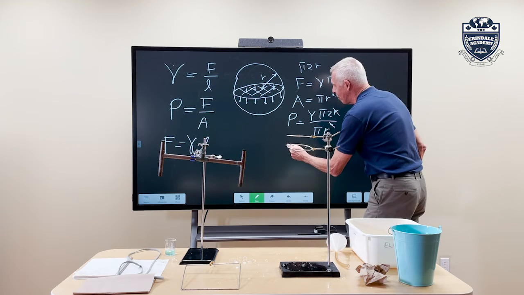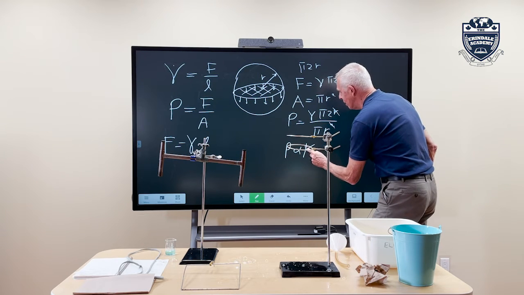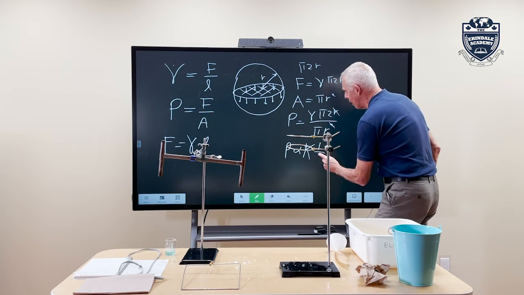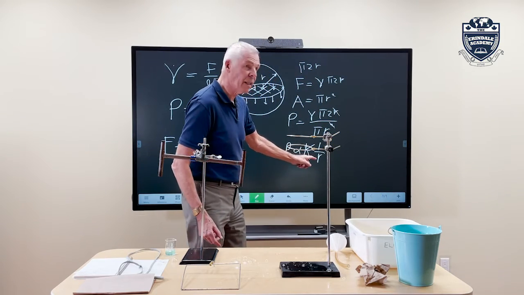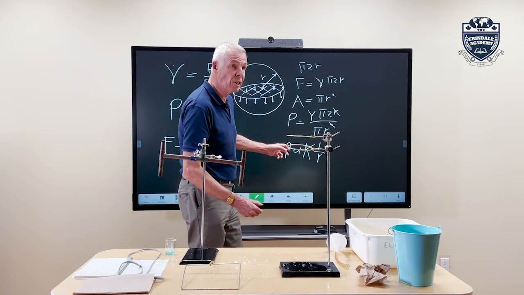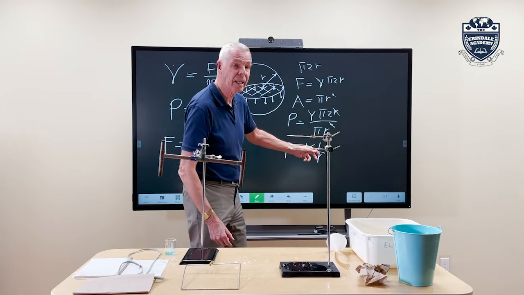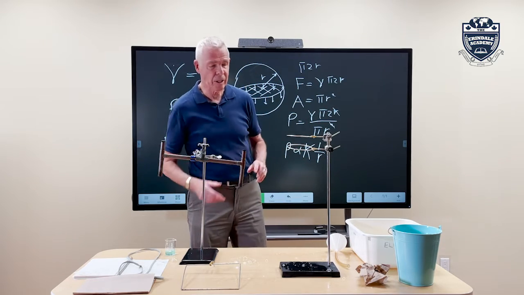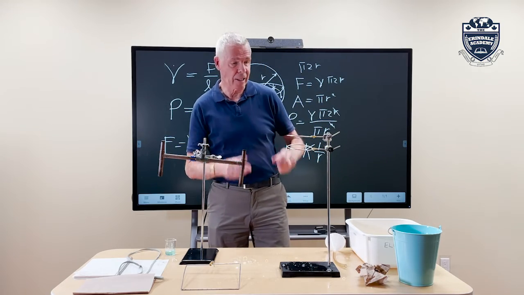So we can say that pressure is proportional to some constant times 1 over r. Now think about it, what does that mean? That means when r gets bigger, the pressure gets less. And as the pressure increases, the radius gets less.